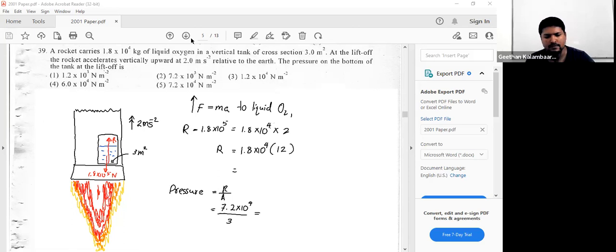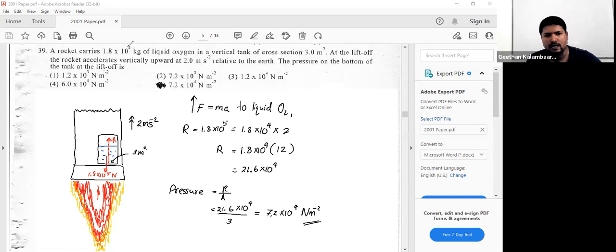This is 21.6 into 10 to the power 4. And once you divide by 3, what you get is 7.2 into 10 to the power 4 newtons per square meter, or essentially Pascal. So it's the fifth answer here.